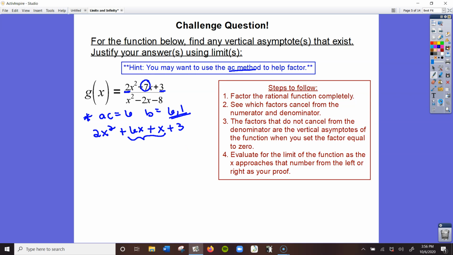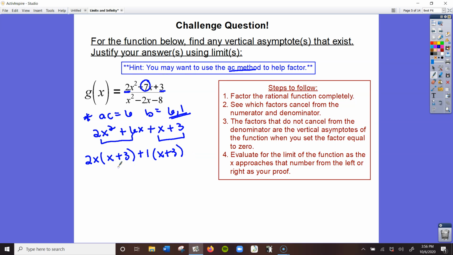Once you have that rewritten, then we can factor by grouping. So remember, factoring by grouping is always the first two and the second two. You factor what you can from the first two terms. In the first two terms, I can factor out a 2x, and I would be left with x plus 3. Since I can't factor anything from the second two terms, you can just put plus 1, x plus 3.